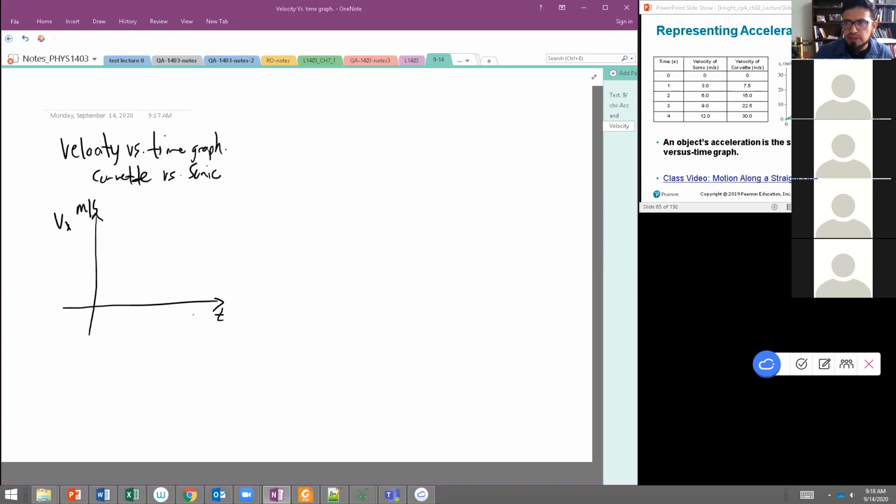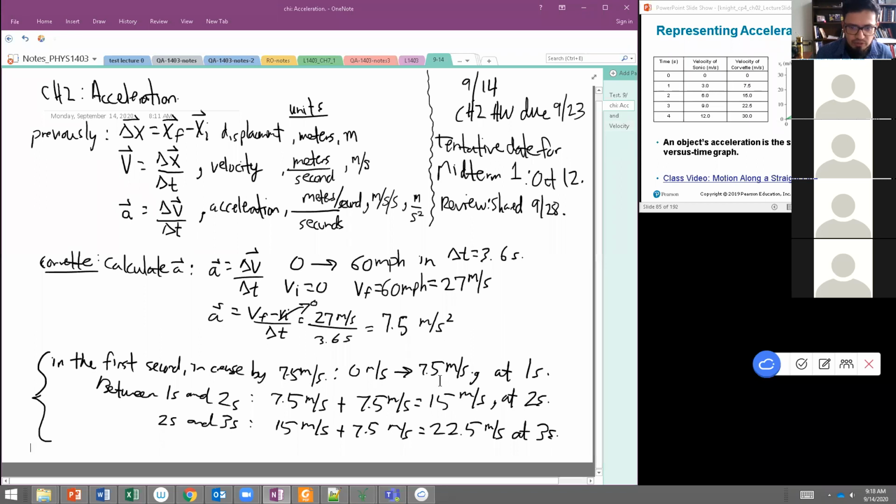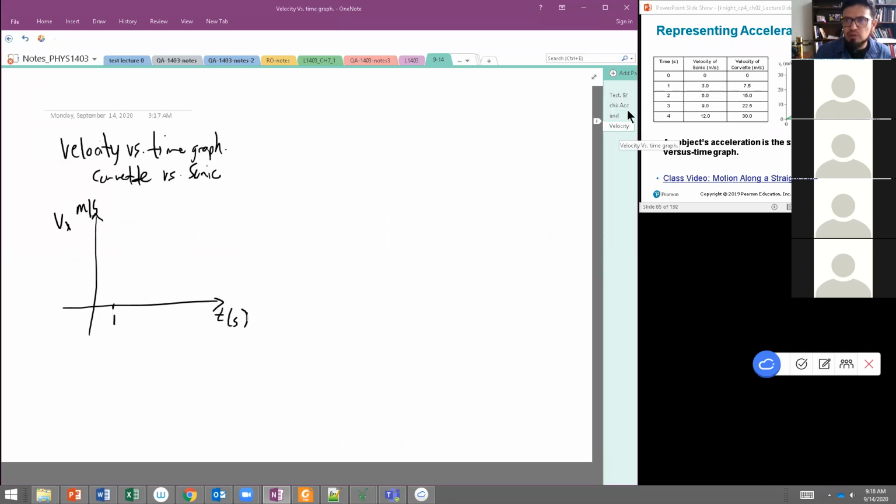For the Corvette, at 1 second, the velocity is 7.5 meters per second. This matches what we had written here: 7.5, 15, 22. They just wrote them down for us on that table. So we can copy that down here: at 1 second it's 7.5, at 2 seconds we're at 15, at 3 seconds we're at 22.5, and so on and so forth. You can see the rest of the numbers here.